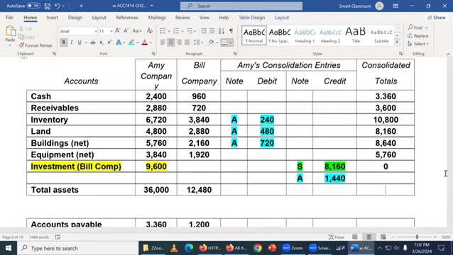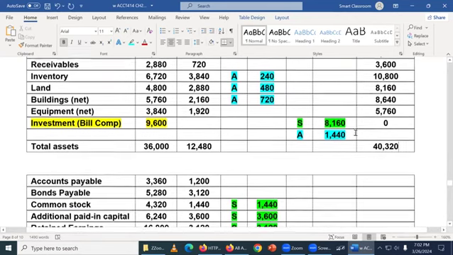Okay, there we go. That should not be, that should be a comma. $40,000. 4320. Okay.